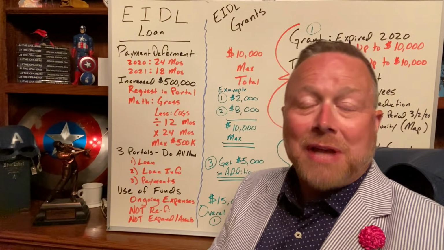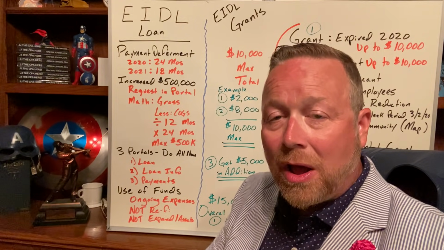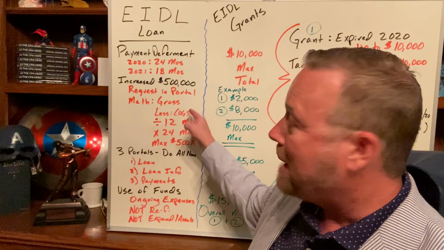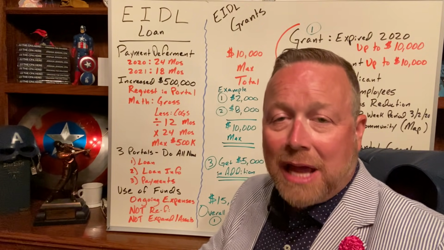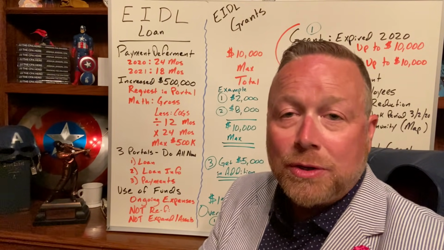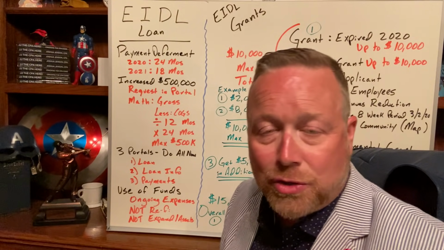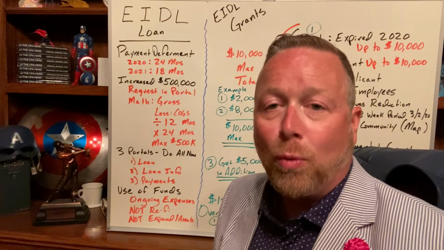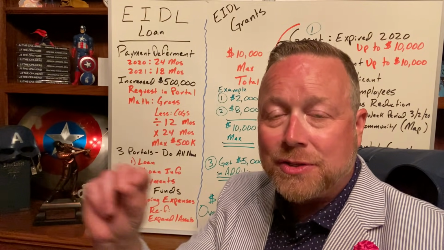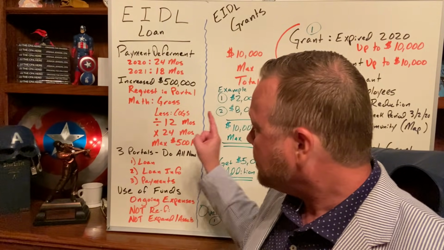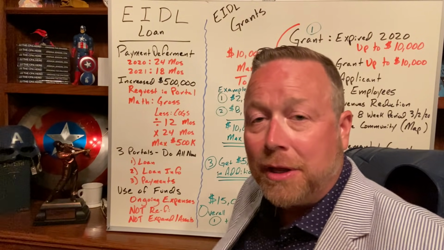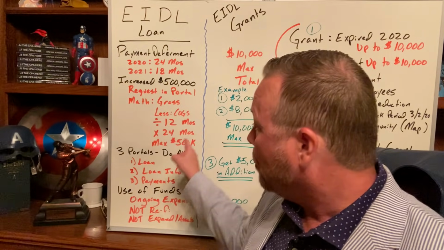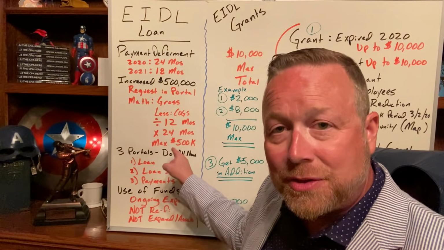The SBA has actually officially released how that calculation is being done, which is this. The math is taking your gross receipts minus your cost of goods sold, which would be gross profit in my world, dividing that by 12 to basically come up with a monthly average, and then multiplying it by 24 months.